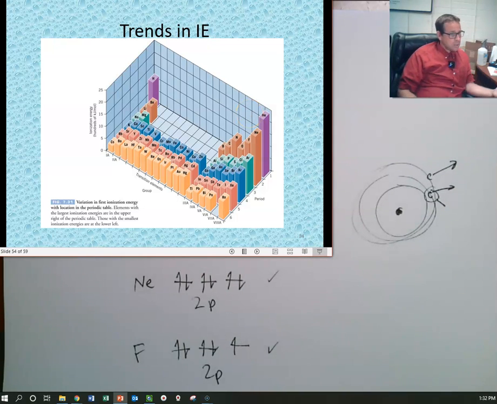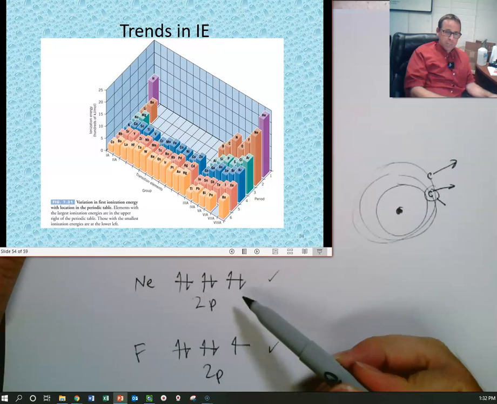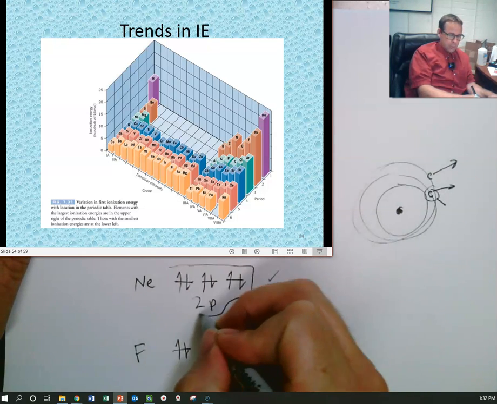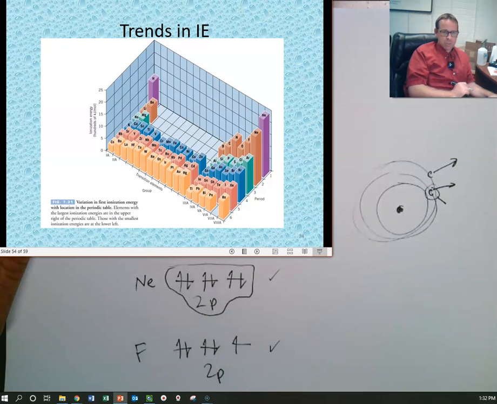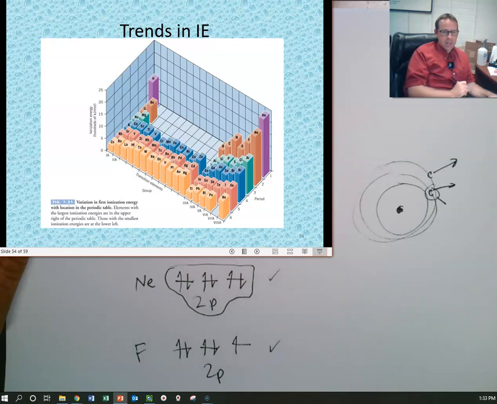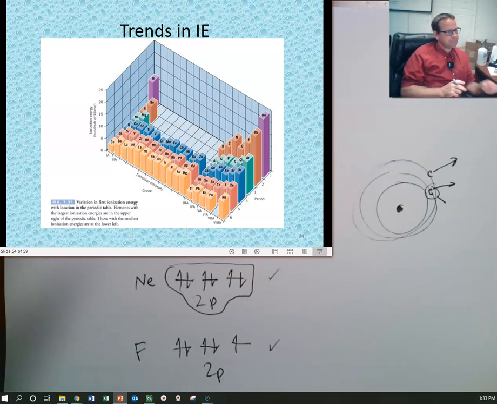And now our answer has to sound something like this. It takes more energy to remove an electron from neon because when you remove an electron from neon, you disturb a fully filled subshell. But when you take an electron from fluorine, you already have a disturbed subshell, so it's not as much energy to remove an electron from fluorine.